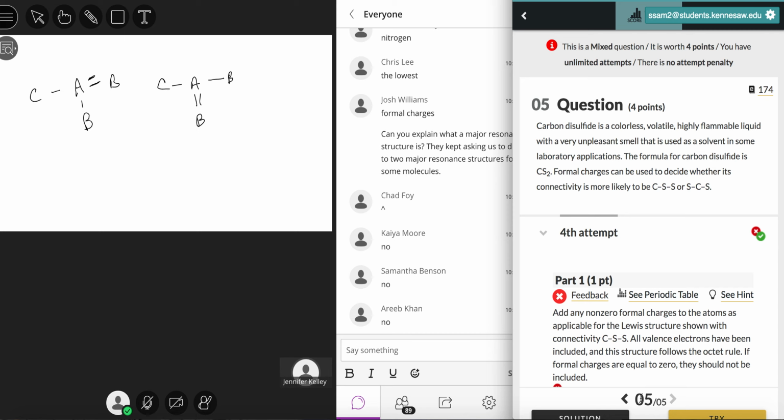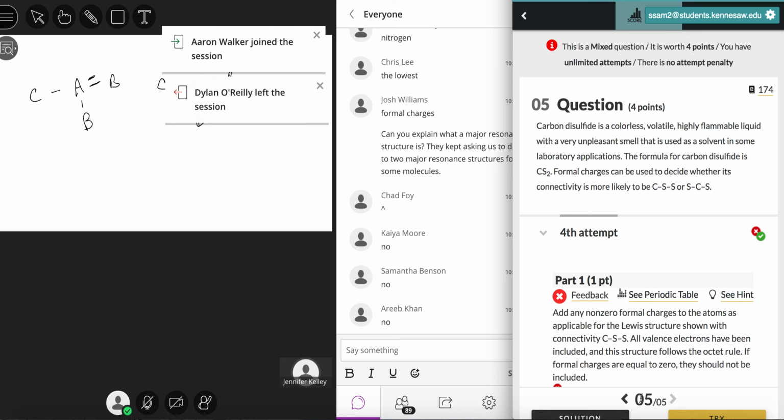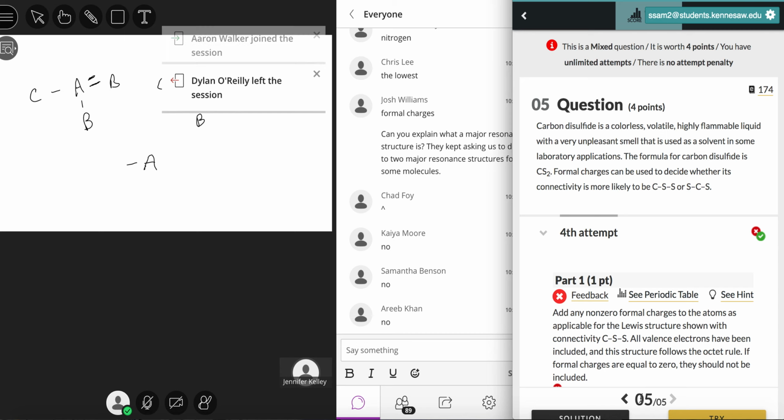Those would be the two major resonance structures, but there is a slight resonance structure like this.